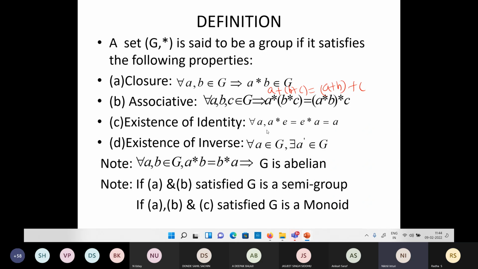For all values of A, you should be able to find an element E such that A star E equals E star A equals A. Existence of inverse. For all A, you should find an element A dash such that A star A dash equals A dash star A equals the identity. If all four properties are satisfied, then that particular set along with the binary operation star is called a group.